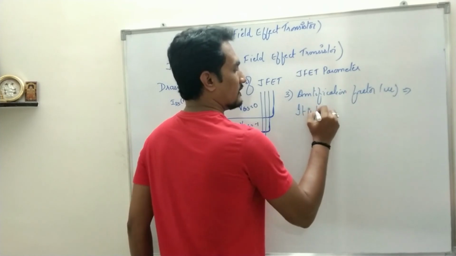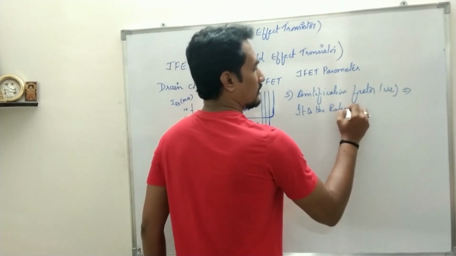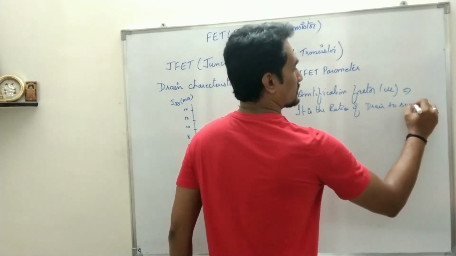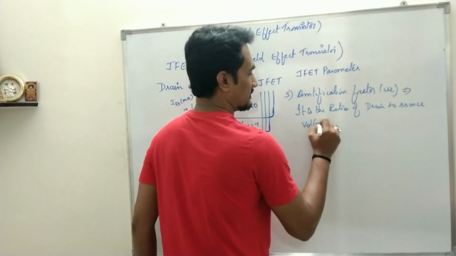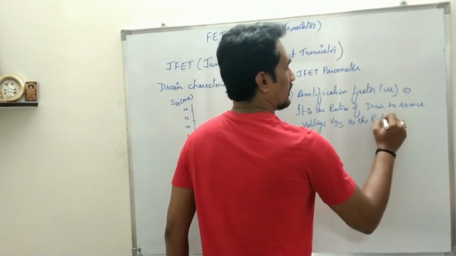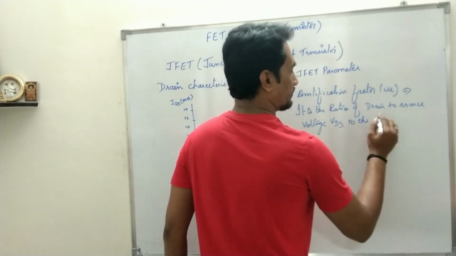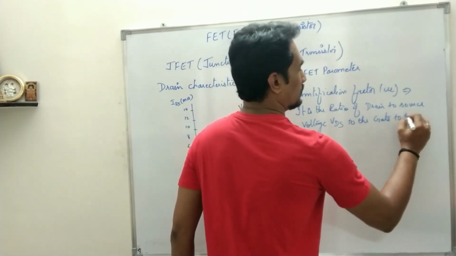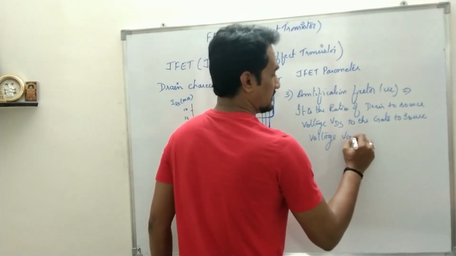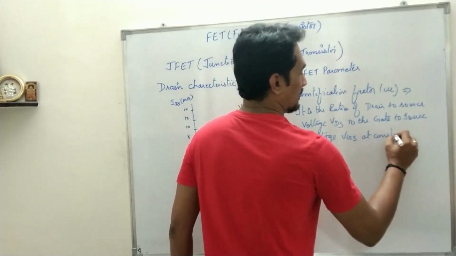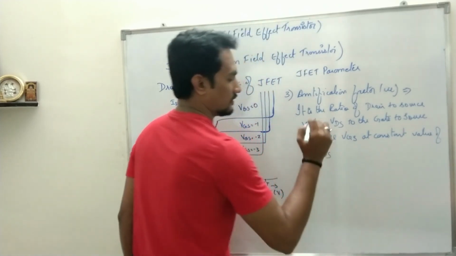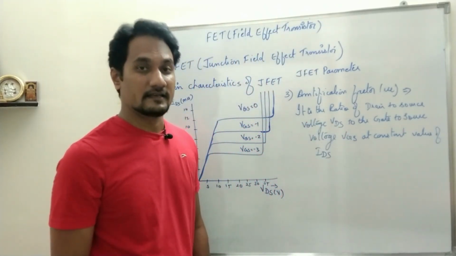It is the ratio of drain to source voltage, VDS, to the gate to source voltage, VGS, at constant value of IDS.